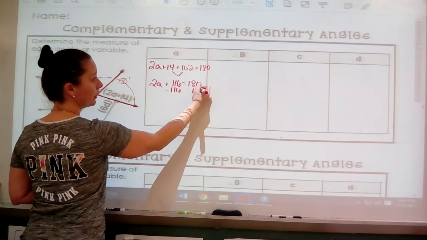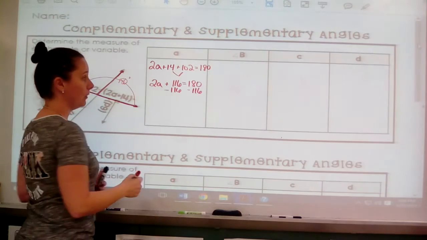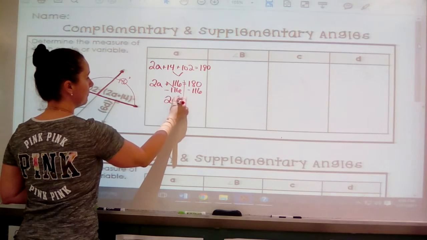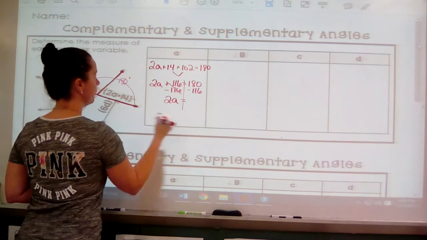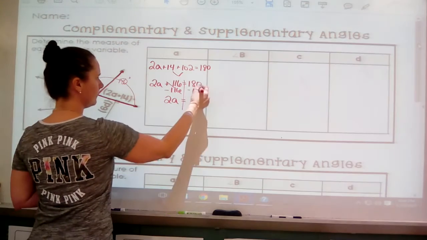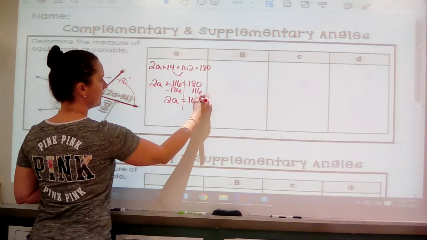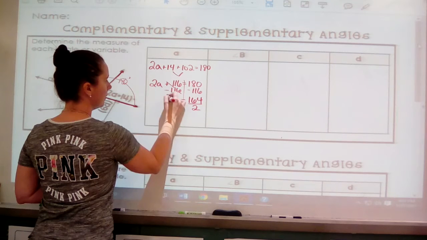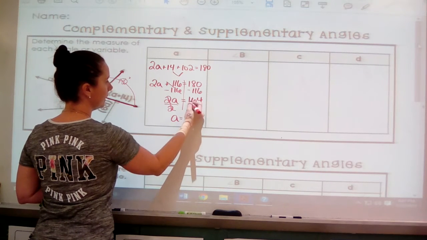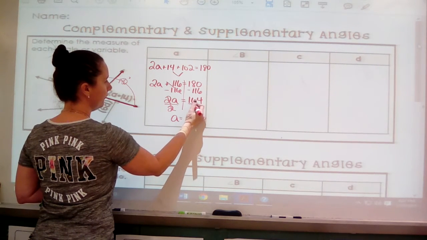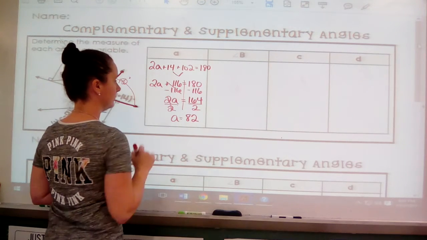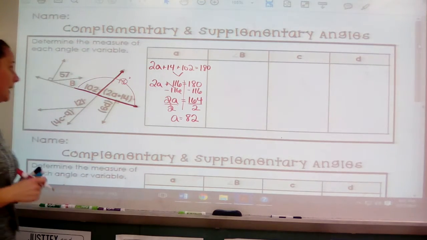This is the part where you should be on autopilot in terms of solving. I get rid of my subtraction or addition first, which gives me 164, then divide by 2, and that gives me 82. So A is equal to 82.